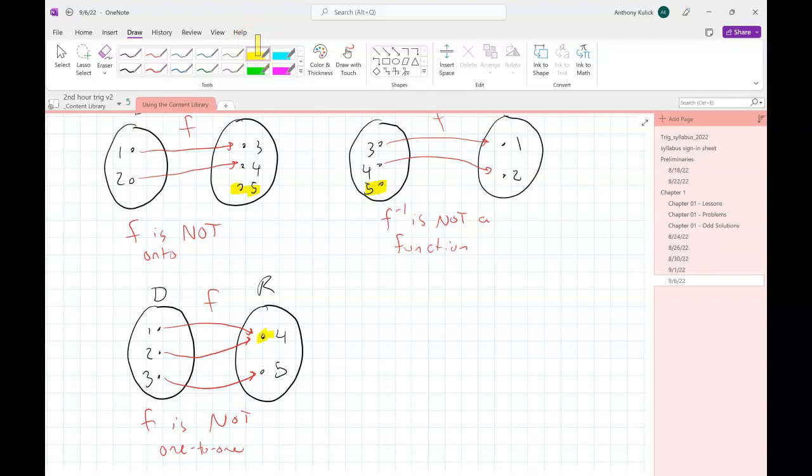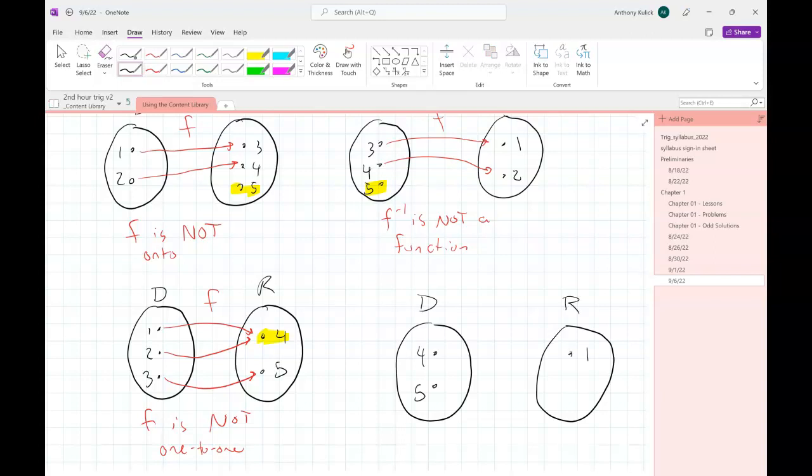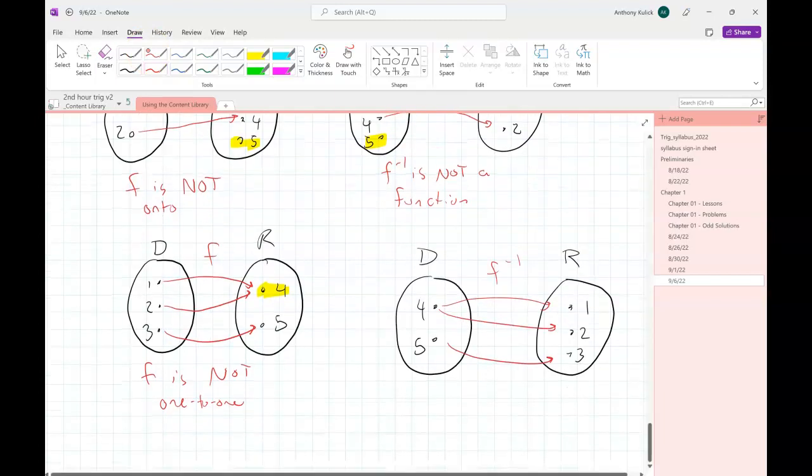Because we have a range here that's used more than once. Everybody agree with that? So when I go and construct f inverse, that range that was used more than once is now becoming a domain that's used more than once. And what does that mean?